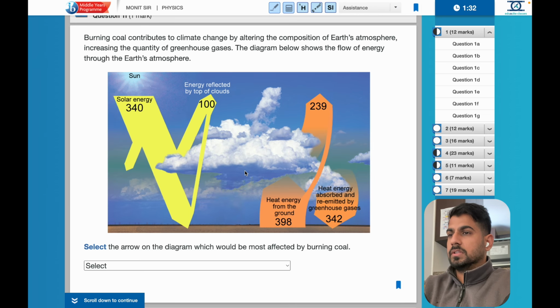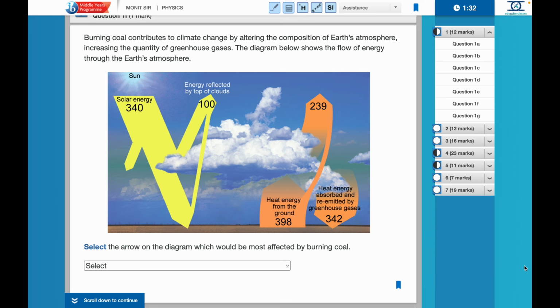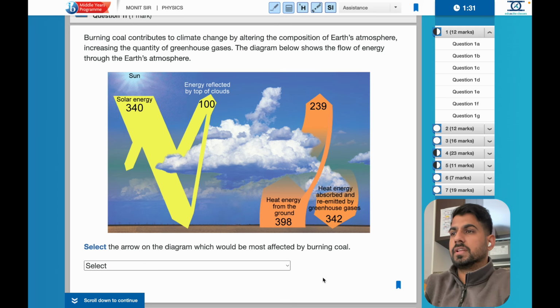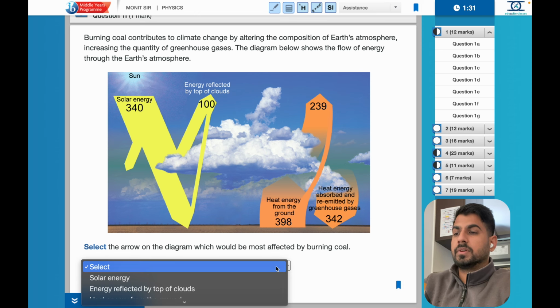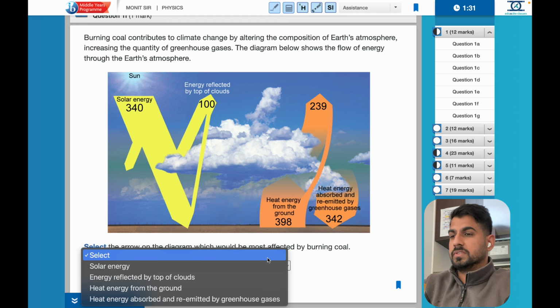Now look at the last part. Okay, so this is nothing but the greenhouse one. Select the arrow on the diagram which would be most affected by burning coal. You can see these are the options you can check.